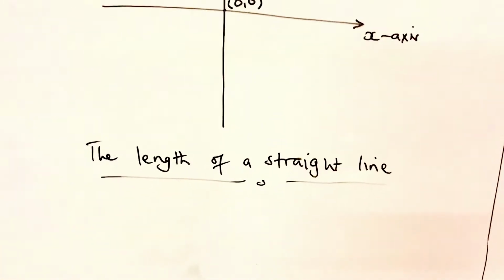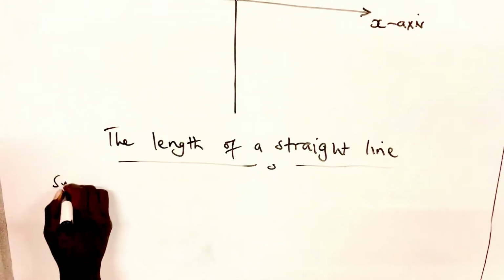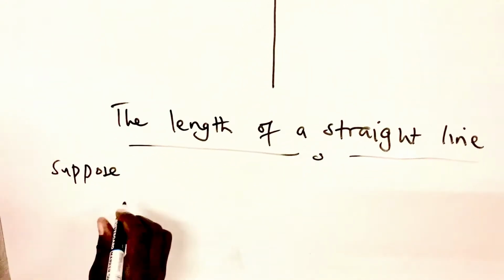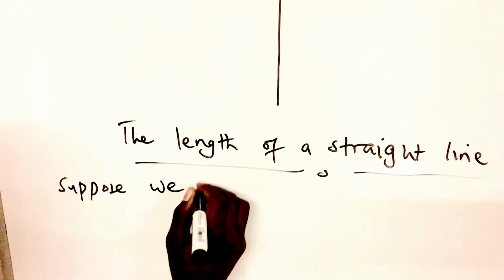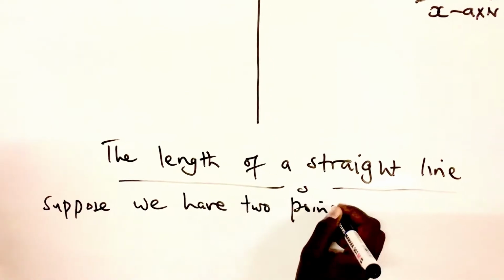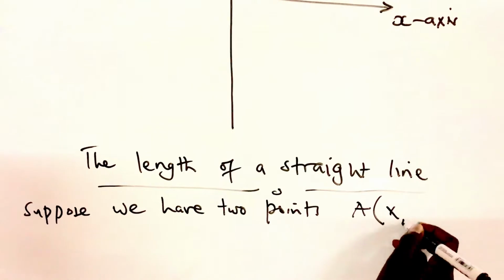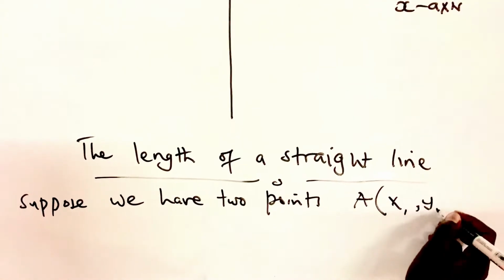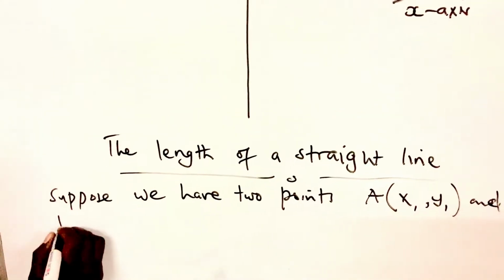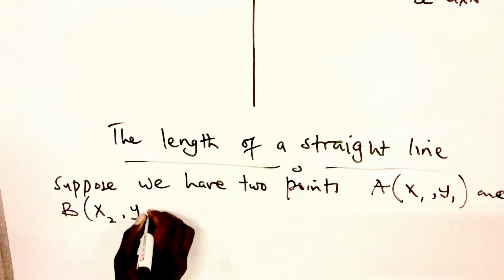Getting back to our Cartesian plane, suppose we have 2 points, that is A with coordinates x1, y1, and point B with coordinates x2, y2.